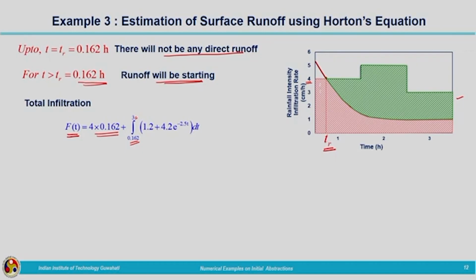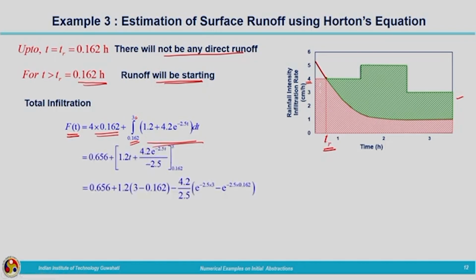So, that is what is written over here, that is the integral from 0.162 to 3 of (1.2 plus 4.2 e to the power of minus 2.5 t) dt. When we integrate that and sum up, we will get the infiltrated water to be 5.2 centimeters. This you can work out and see whether you are getting 5.2 centimeters. So, the total depth of infiltrated water is calculated to be 5.2 centimeters.